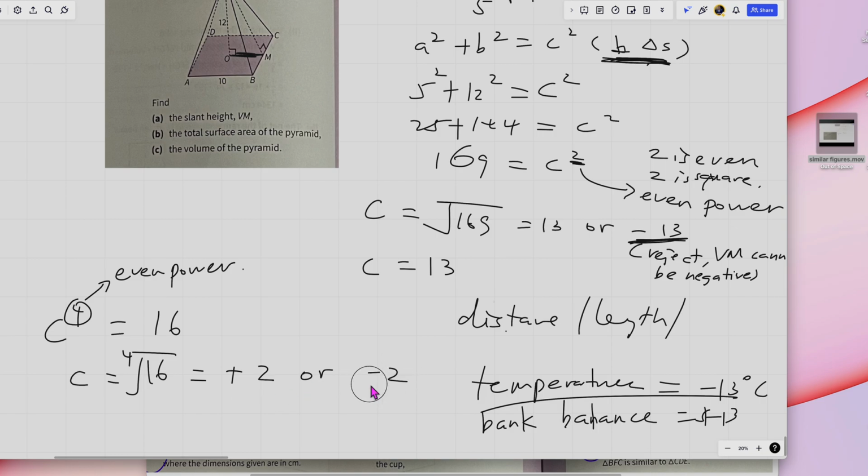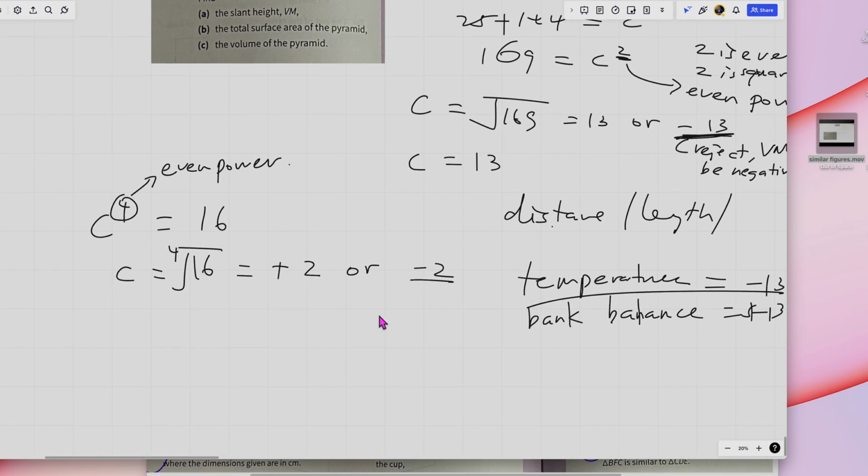But the negative 2 is not given by your calculator. I'm going to show you why. 2 to the power 4 is equal to, can you punch the calculator? 16.